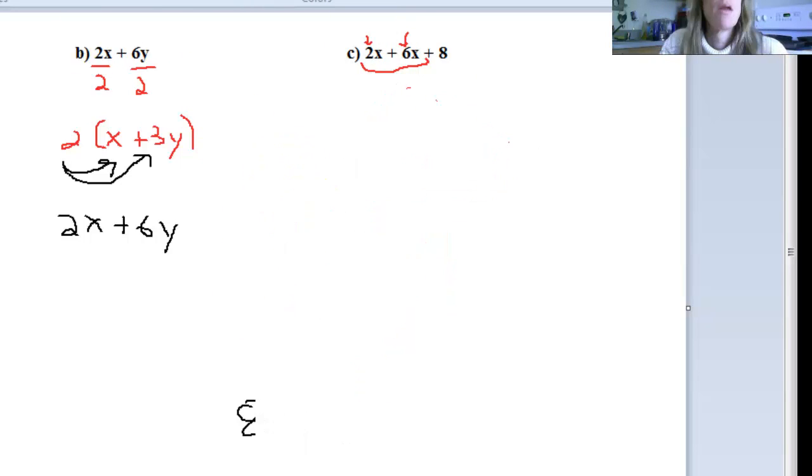Now, if you had factored first on this problem, let's clear up a little bit of this. Okay, so doing the problem the other way, in other words, if we factor first, you can factor out a 2 from each term, which means dividing each term by 2.